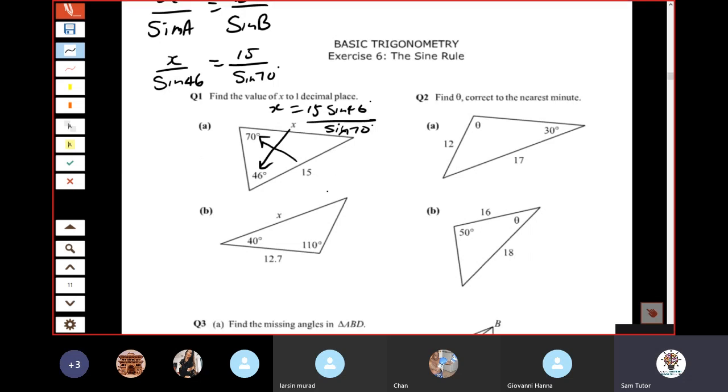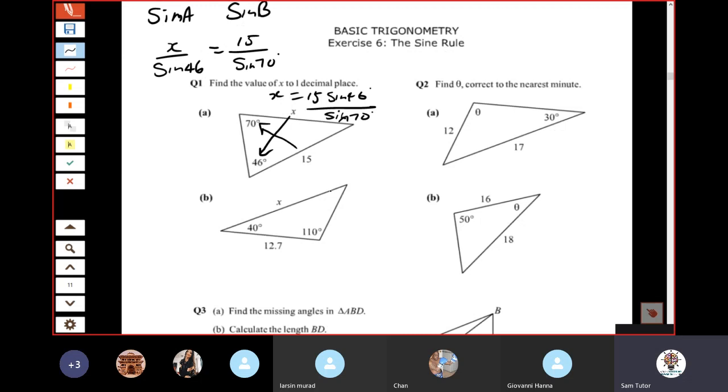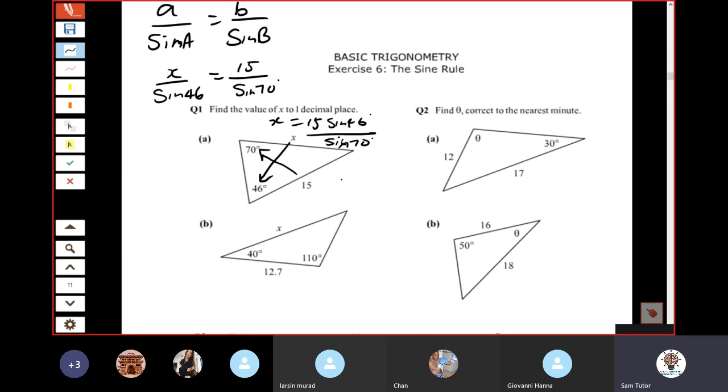Natalia, V, let's do this next one together. Just let me know when you're ready. Okay. So we're going to write x on sine what? So the formula is 110 opposite equals 12.7 on sine 40.